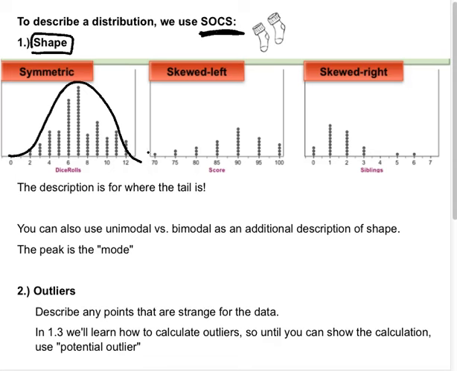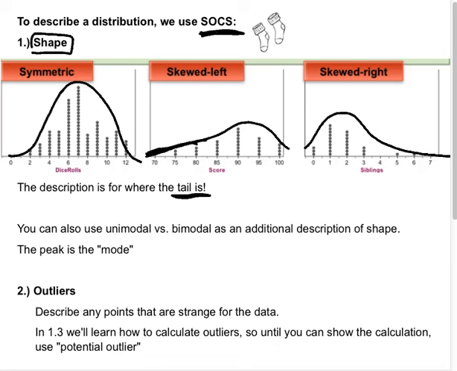This is called skewed left because notice there's a tail over here. So notice in these descriptions, the description is describing where the tail is. And I even put this on here. So skewed right is going to look like this. It's going to trail off towards the right.